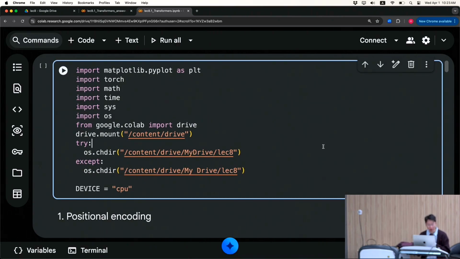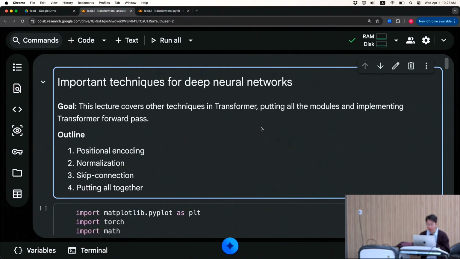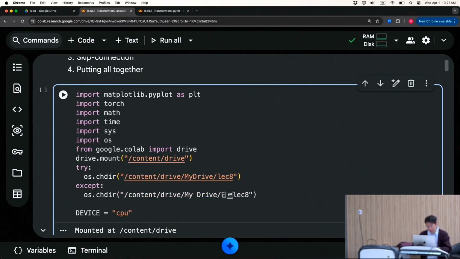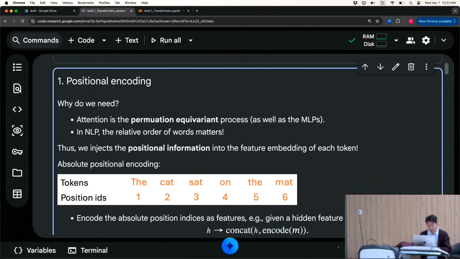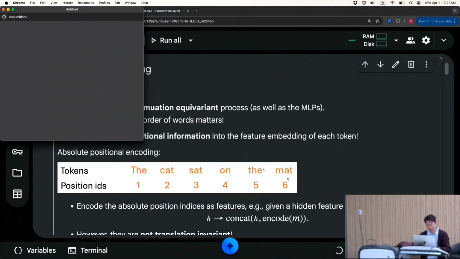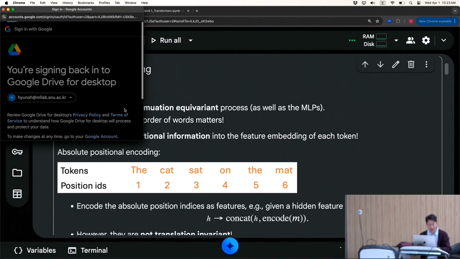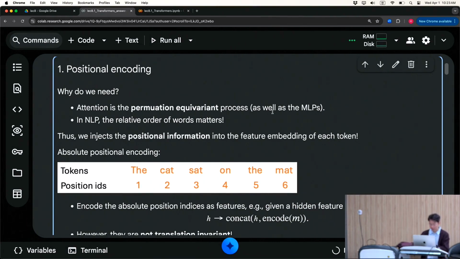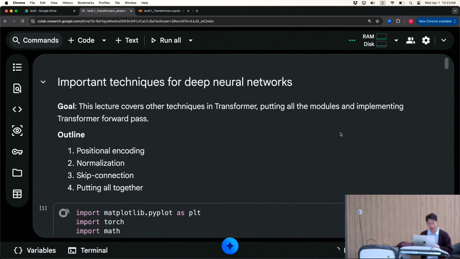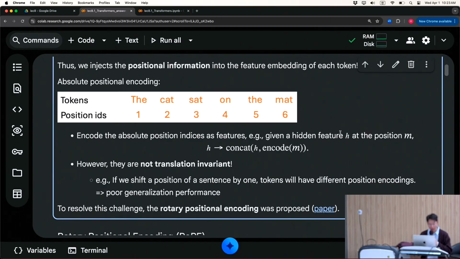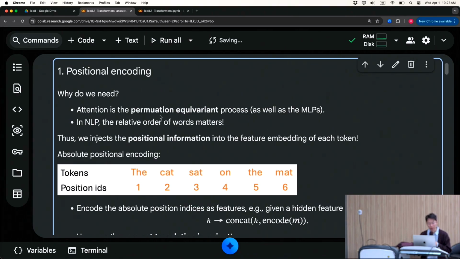So in the lecture, we saw that attention is permutation equivariant.